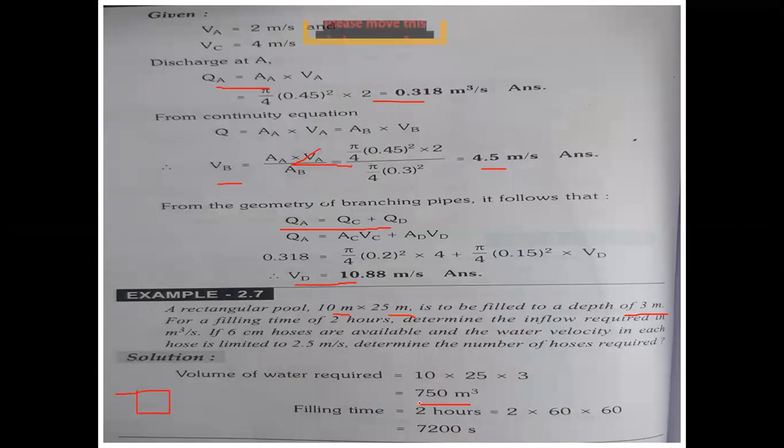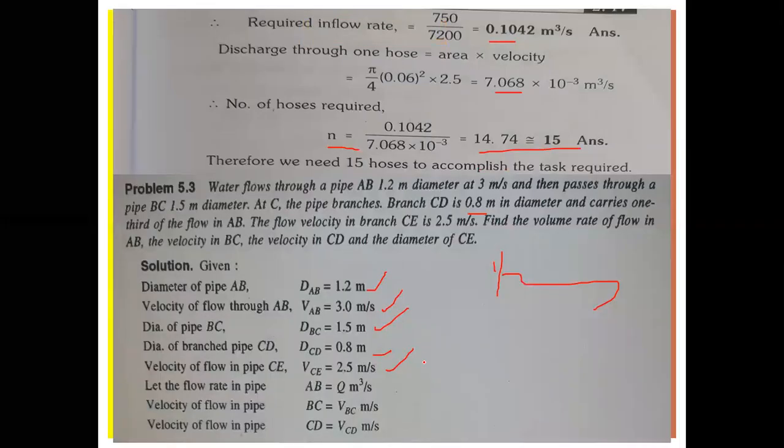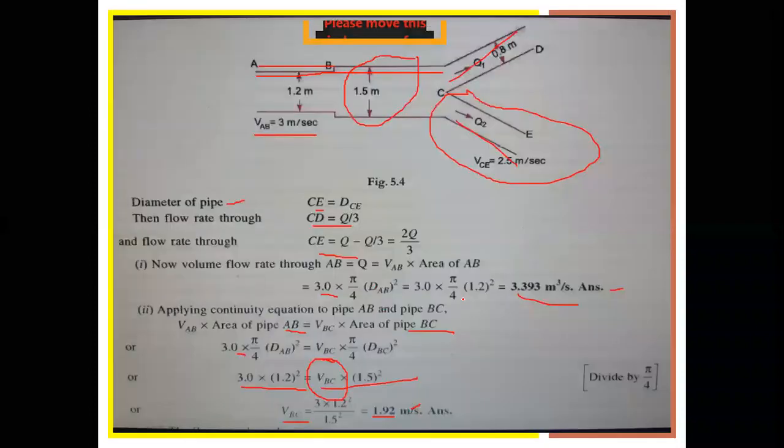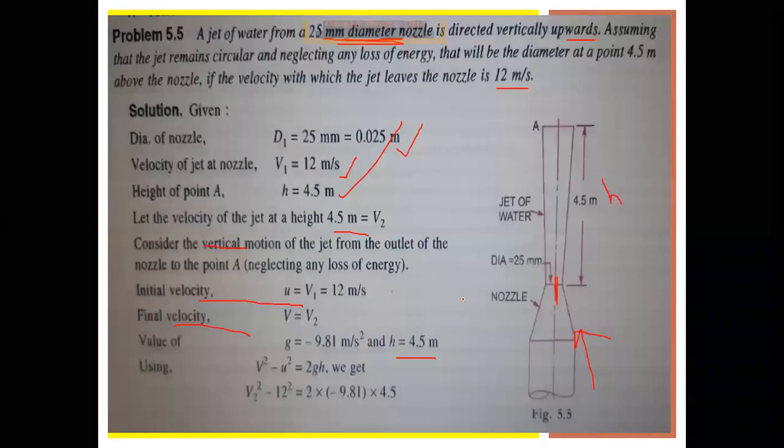Here also the same thing. Here the channel is a rectangular swimming pool. Okay, right. So this is also the same. Everything data is given. So whatever is not there, put a question mark for it. By seeing the data, just do the step by step process. Right?